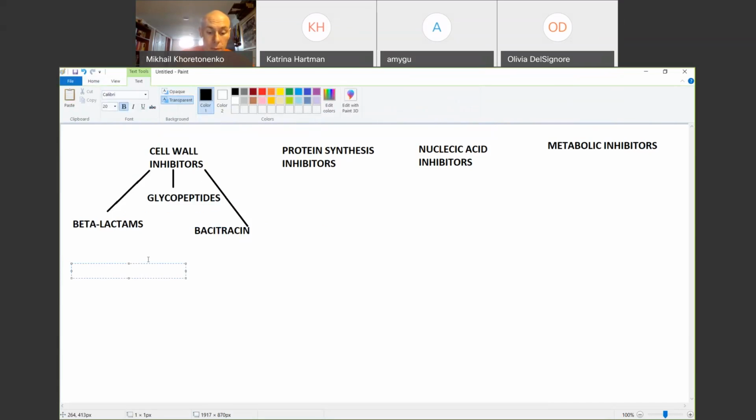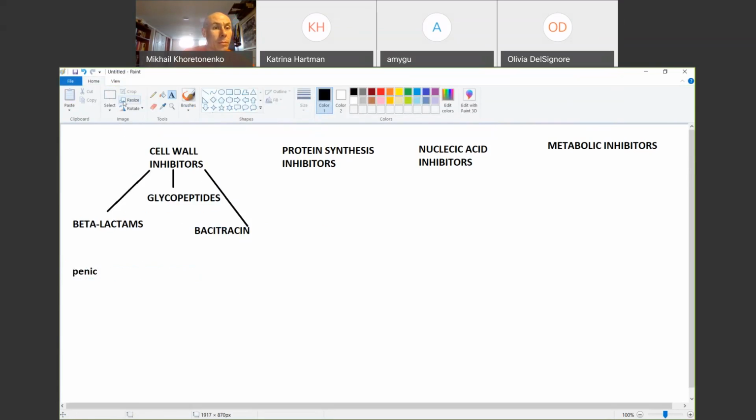Beta-lactams, we're going to have the following. So what do we have for beta-lactams as the mechanism?